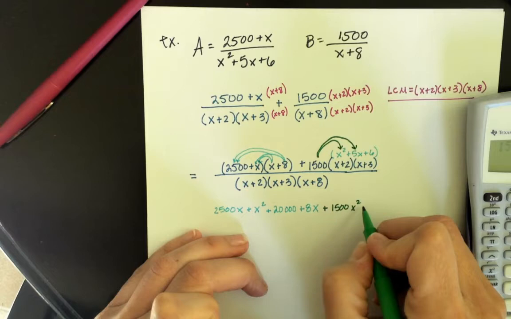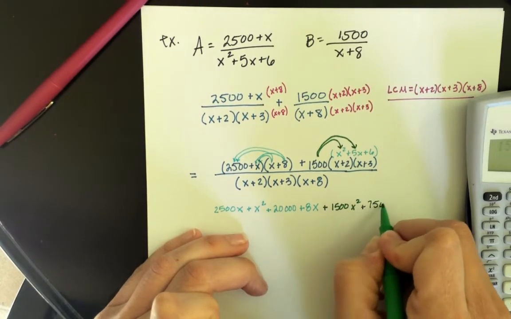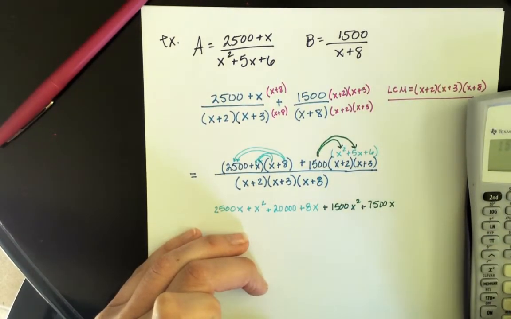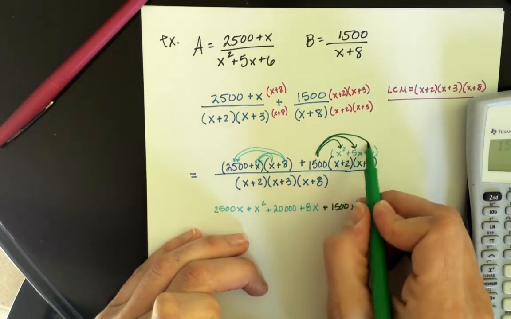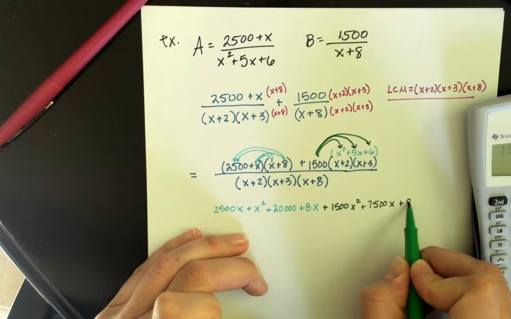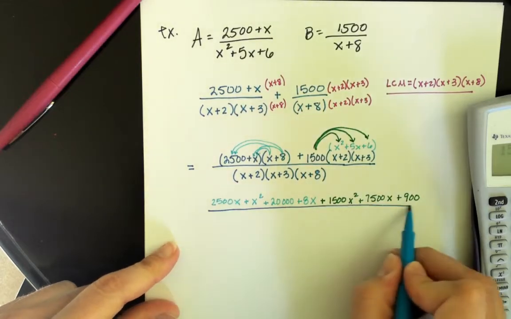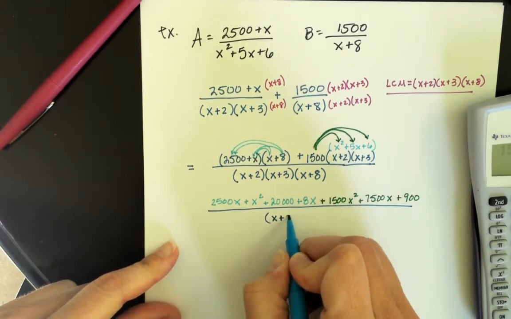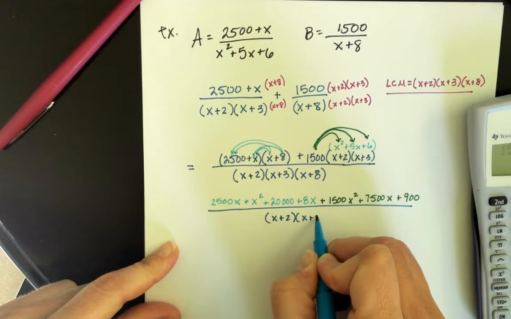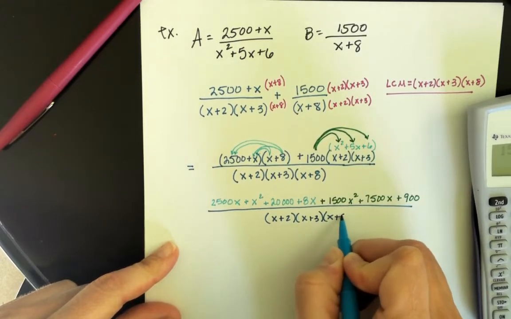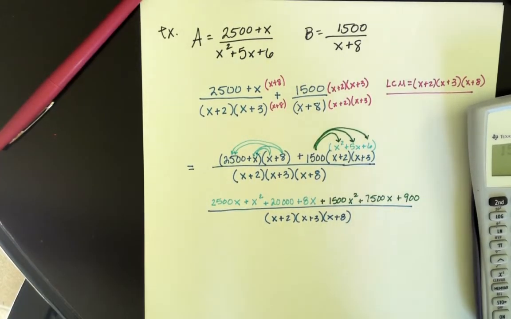So we end up with 7,500x, and then 1,500 times 6 would give us 9,000. And that's all over our common denominator of x plus 2, x plus 3, x plus 8.